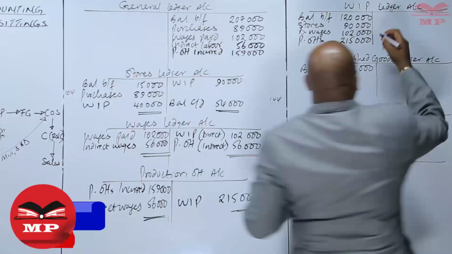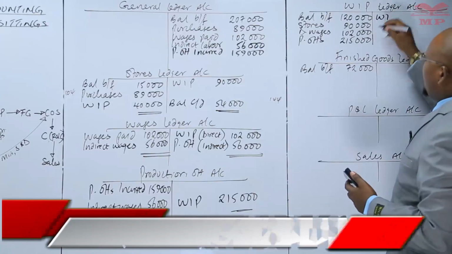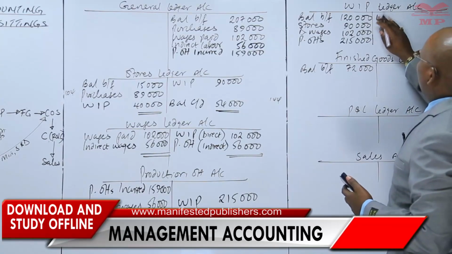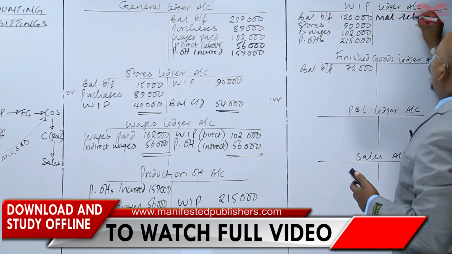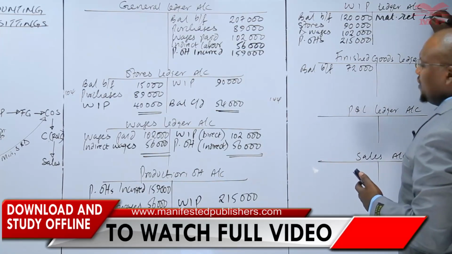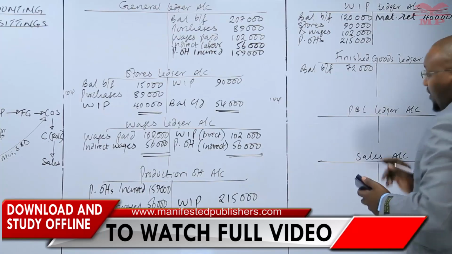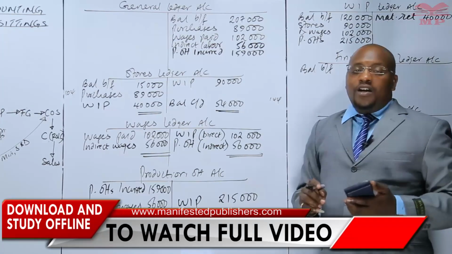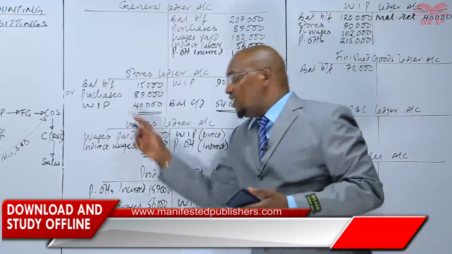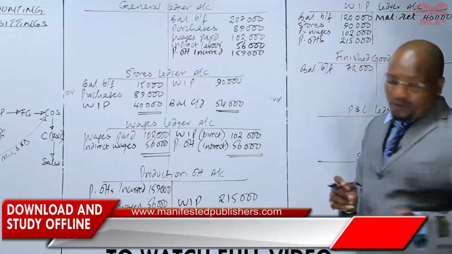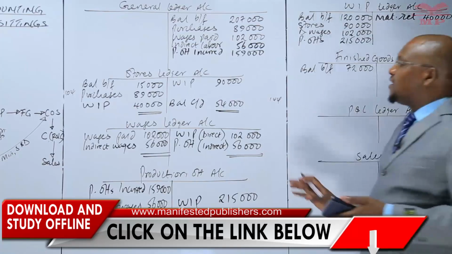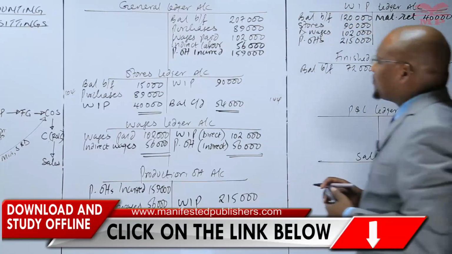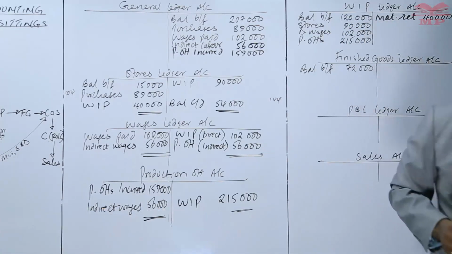Then you can have here the stores or material returned. This is 40,000. Otherwise, there are only two options. You imagine also you purchase another 40, which is not given in the question. So we are going to assume no other further purchase. We just take it the way it is as to that difference there.